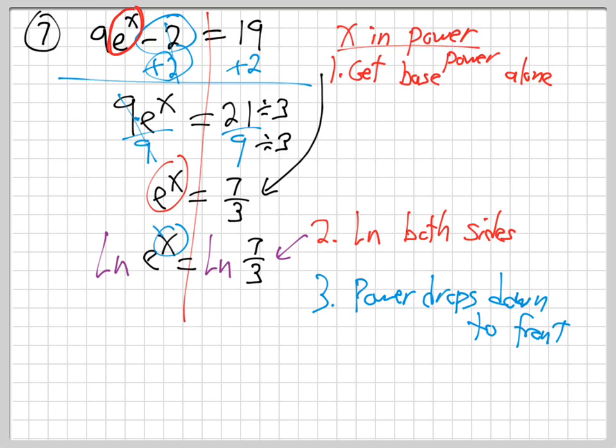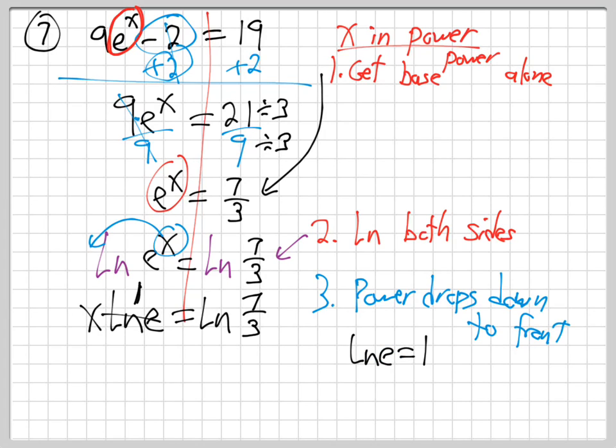So this power will drop down to the front, and we have x ln e is ln 7/3. Remember, ln e is just 1. So this cancels, that's just x times 1, so that's just x. X is ln of 7/3. We're done. We just need the buttons on our calculator now.